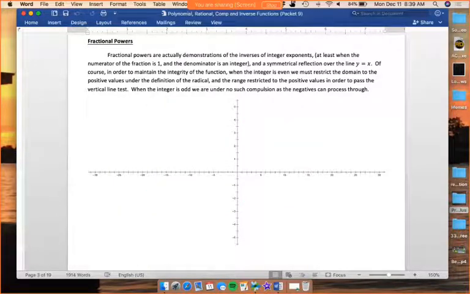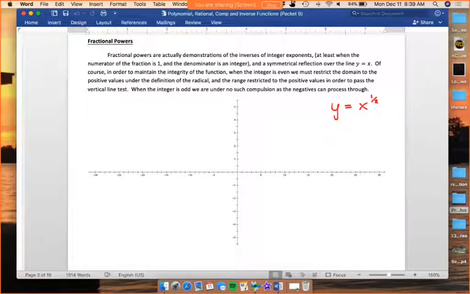So suppose we had, in this case, y equals x to the 1/2. The graphs are all going to be the same, but you can approach graphing it a couple of different ways.